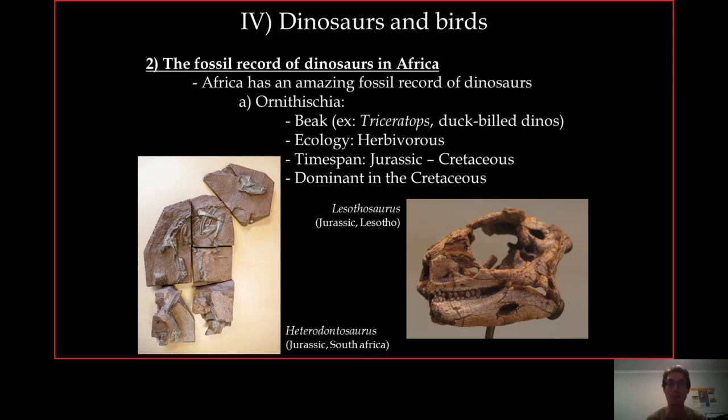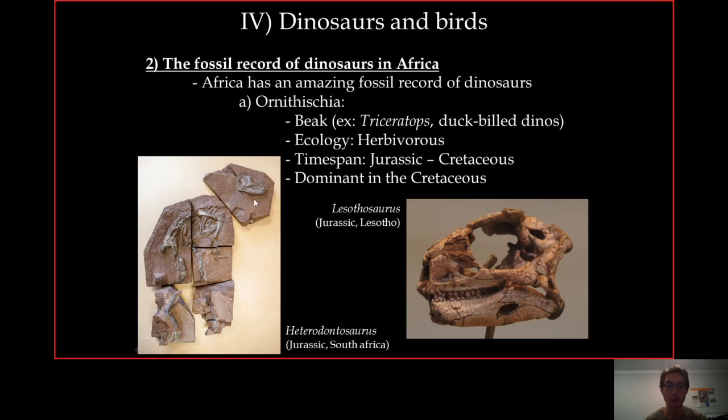For example, Triceratops was a member of the Ornithischia, and the duck-billed dinosaurs were also members of the Ornithischia. And in South Africa, we have examples of herbivorous dinosaurs like Heterodontosaurus from the Jurassic of South Africa and Lesothosaurus from the Jurassic of Lesotho, as its name indicates.